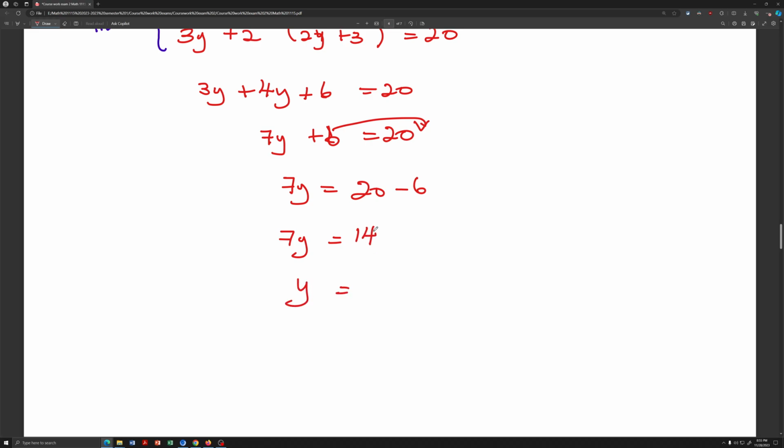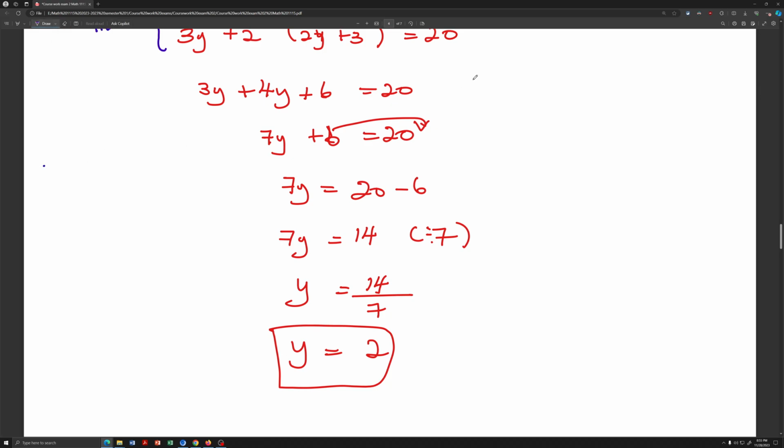Now to get y, we divide both sides by 7, and we'll get 14 over 7. y is equal to 2. So I have found what y is just for finding y, right? And all of this here coming down, I get 1 mark.